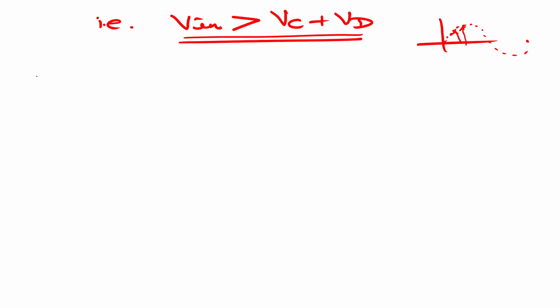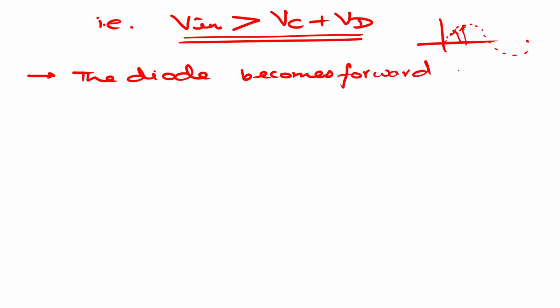So the diode becomes forward biased, and the capacitor charges rapidly through the diode. Since current is passing through it, the capacitor charges because the diode is in forward bias.